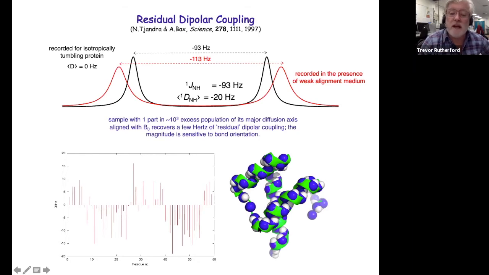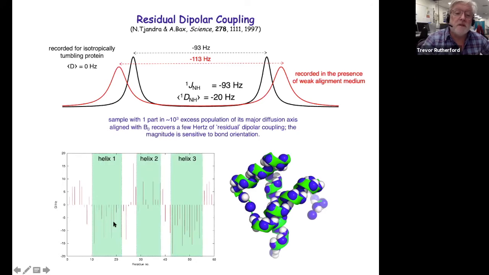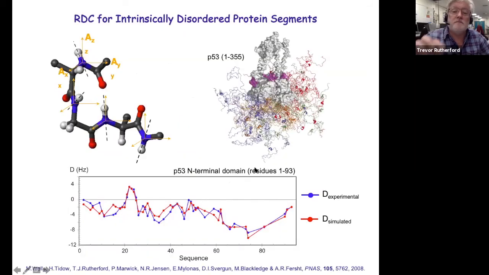So we would expect that each of the helices shows the same orientation for each of its NHs. You can see in this plot of the RDC value as a function of residue number that we get a good correlation in the orientation of helices within these 3 different planes. So it gives us an ability to align these helices with respect to the diffusion axis of the molecule.